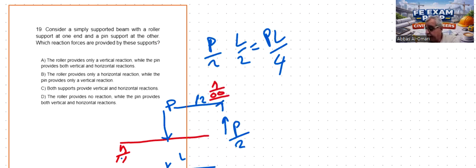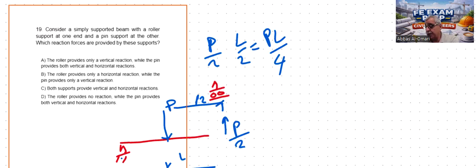Now the pin prevents movement in two directions, in the X and the Y. The roller prevents movement in one direction, which is the Y. So at the roller there is going to be one reaction in the Y direction, and at the pin there are going to be two reactions, in the X and the Y direction.